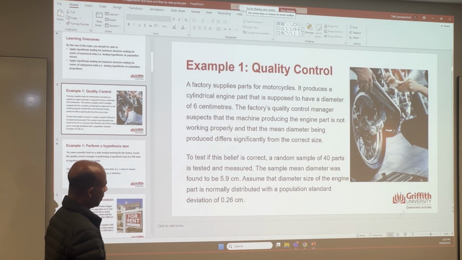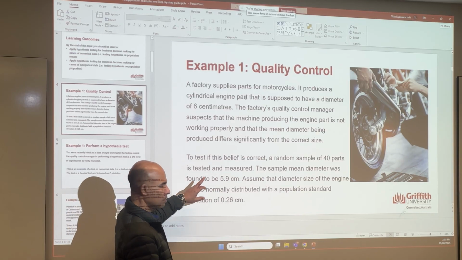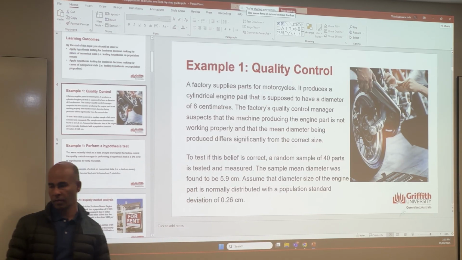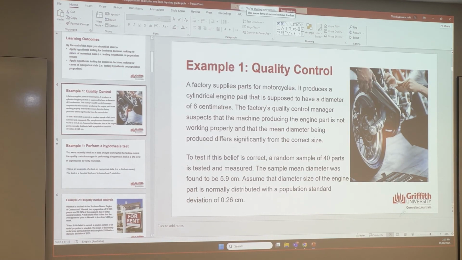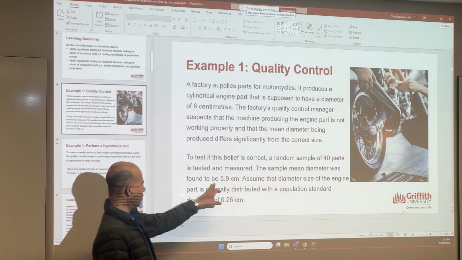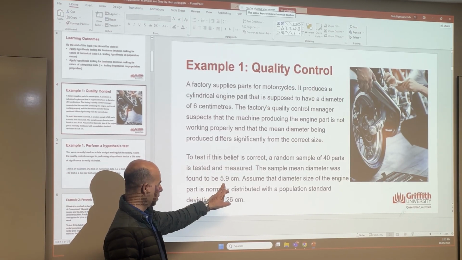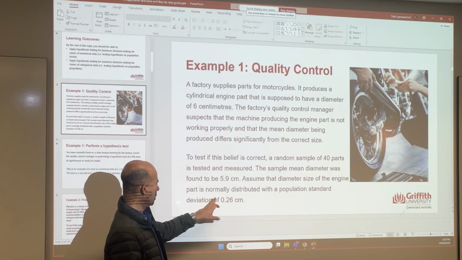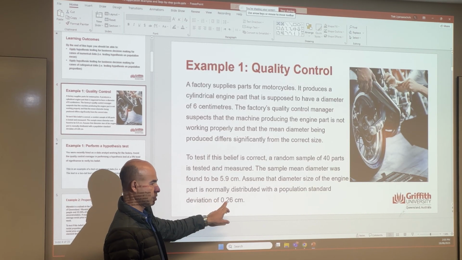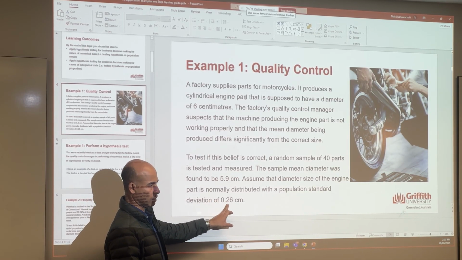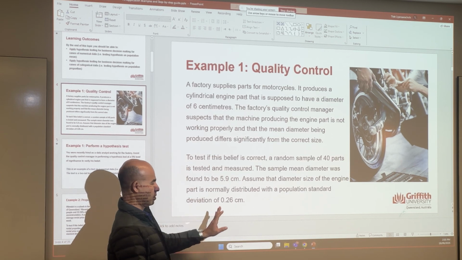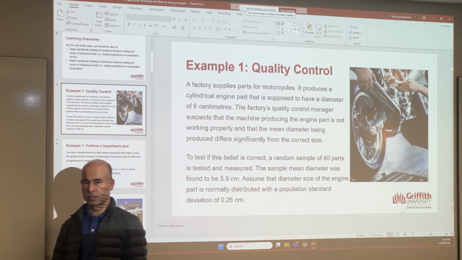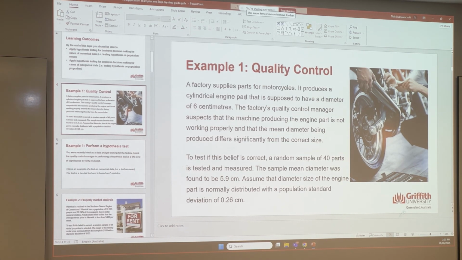They found a sample mean of 5.9, and the population standard deviation is 0.26. Based on this information, you have to conduct the hypothesis testing. So try whether you can do it or not.